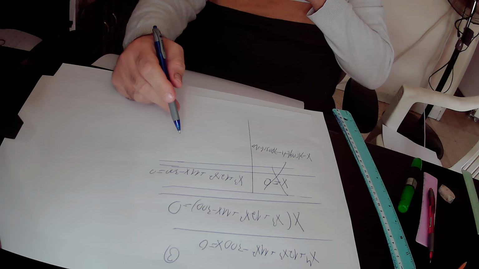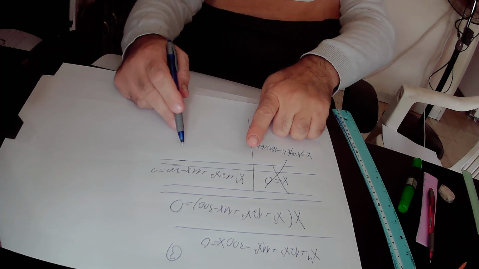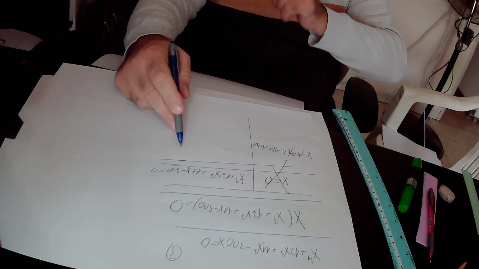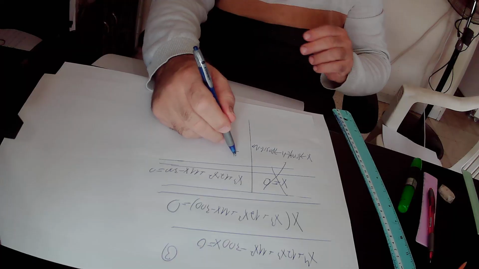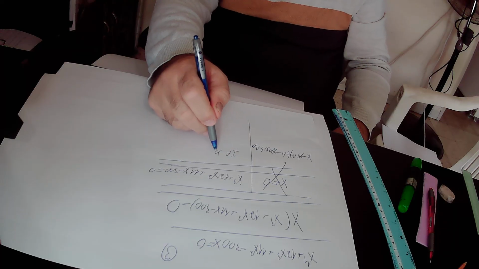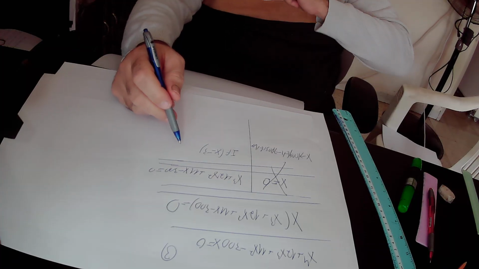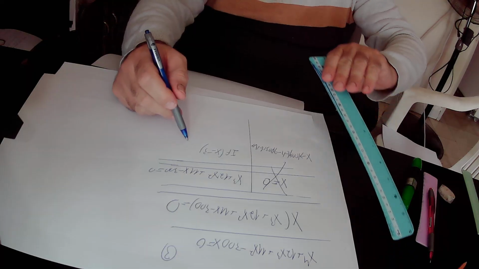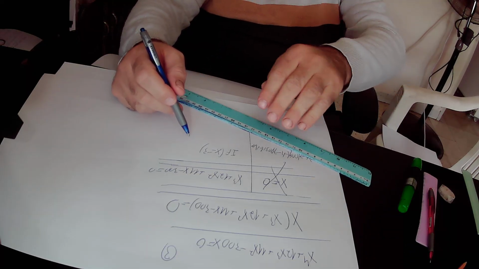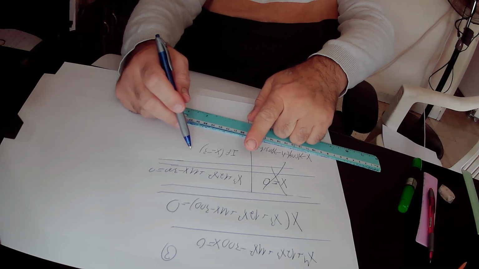So first of all, we check if this equation is true for x equals 3. We just have to substitute x by 3 and find out if the equation is true.